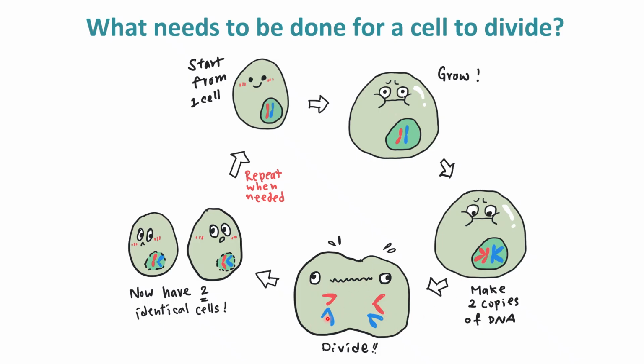After the DNA separates, the cytoplasm needs to be divided into two halves, and then we come out with two smaller cells, each carrying a complete set of DNA in their nuclei. Each of these new cells can then repeat the cycle to make even more identical cells, and we just keep going and going. This is the quick and dirty version of cell division. We'll go through all the different processes involved in this as well.